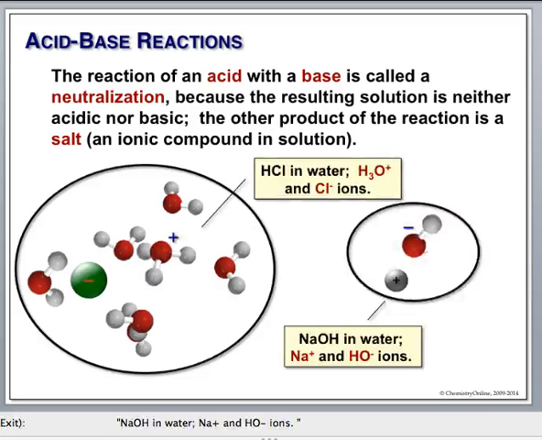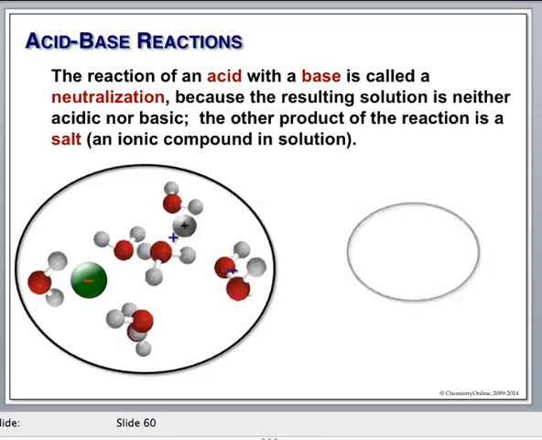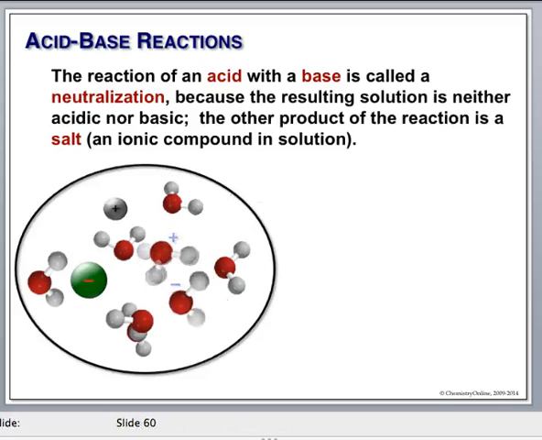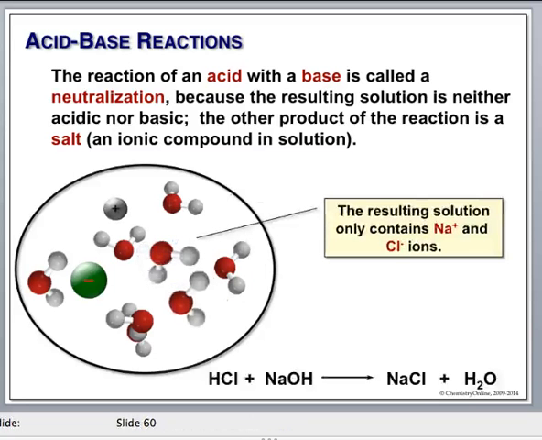Hydroxide is going to pull off this proton, make a water, leave a water. Sodium goes along for the ride. Here's our proton transfer: 2 moles of water, sodium chloride.